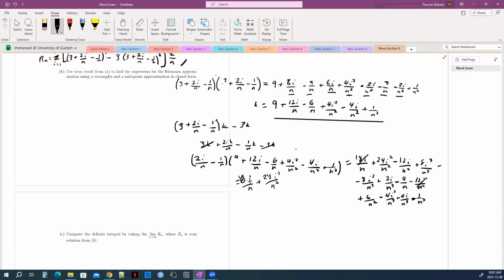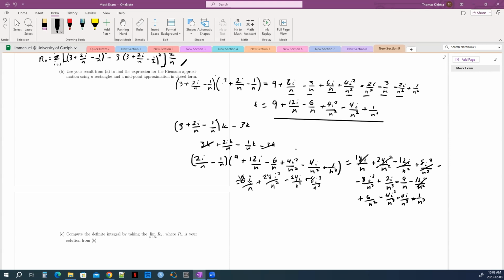And then this 12i over n squared is going to become a minus 24i over n squared, and those are going to cancel. Then 8i cubed over n cubed is going to be plus 8i cubed over n cubed.